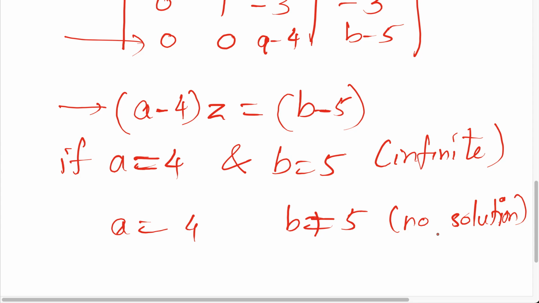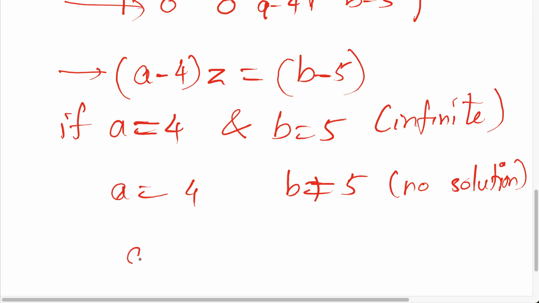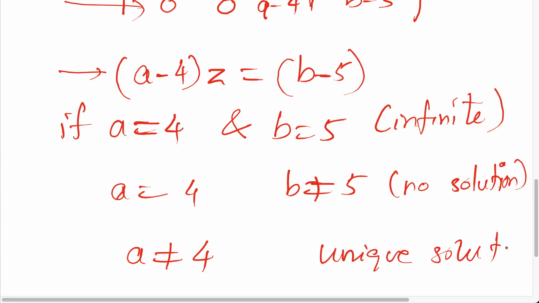And the final one is when a is not equal to 4, then for any value of b, I will get a unique solution. Even if b is 5, I'll get z is equal to 0, and then I'll get y and x. When a is not 4, I will get a unique solution. So for these three equations, there were three conditions possible, and this will always be the case in many of the problems.